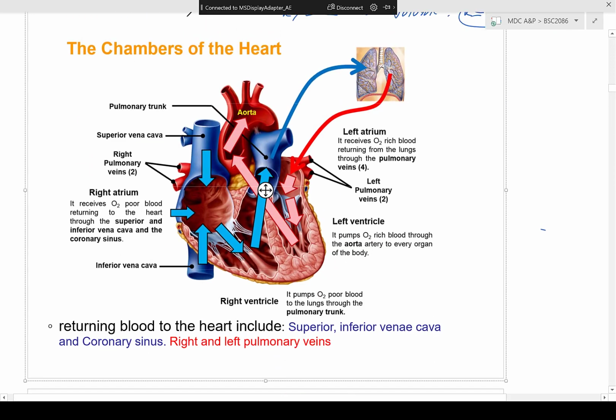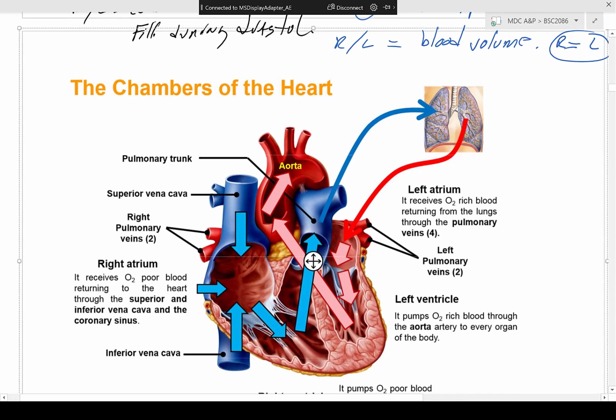Okay, here we go. Let's go easy part. Ready? Let's do this. What are the three structures that blood enters on the right atrium? Superior vena cava, inferior vena cava, and the coronary sinus, right? Or sinus venosus. So those are the three structures.